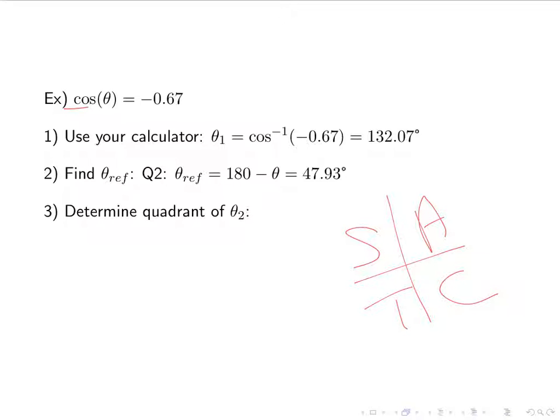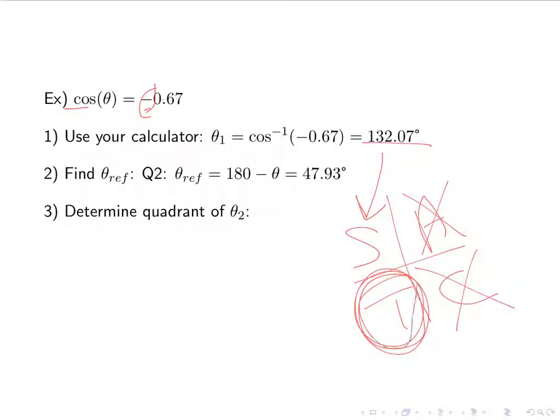We have cosine is negative. Everything in quadrant 1 is positive, so it can't be quadrant 1. It can't be quadrant 4 because cosine is positive in quadrant 4. The angle that I have is quadrant 2, so the only one that I have left is quadrant 3. So theta 2 must be in quadrant 3 in order for cosine to be negative.